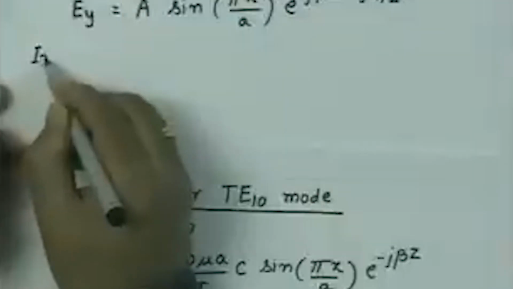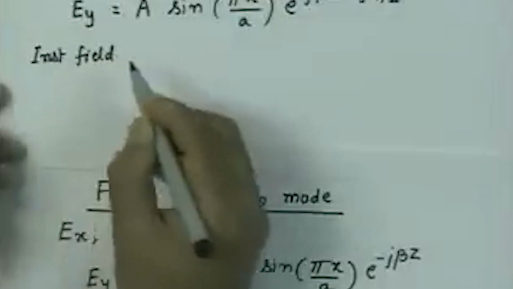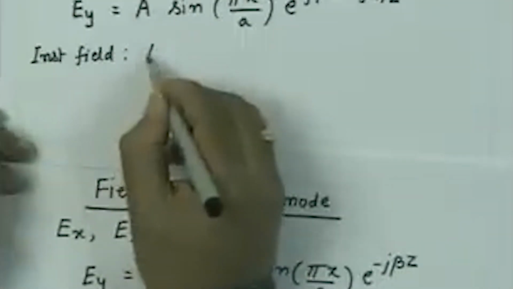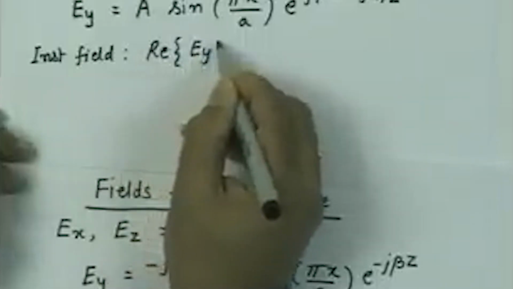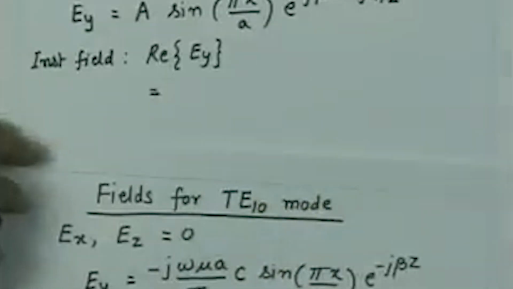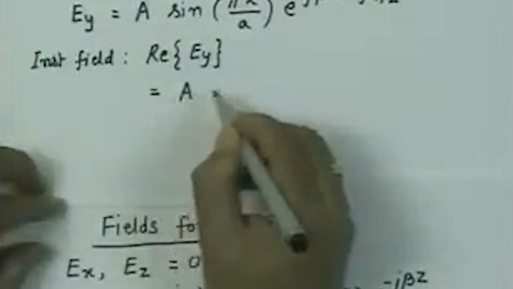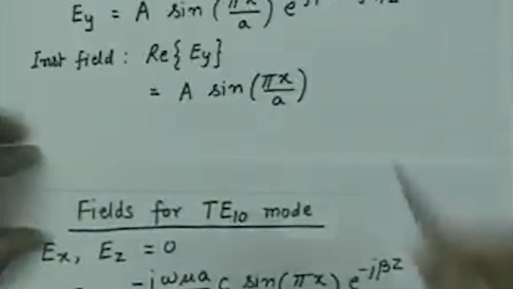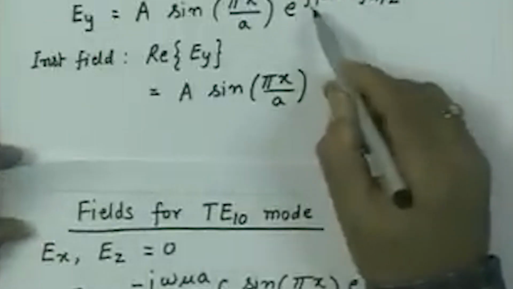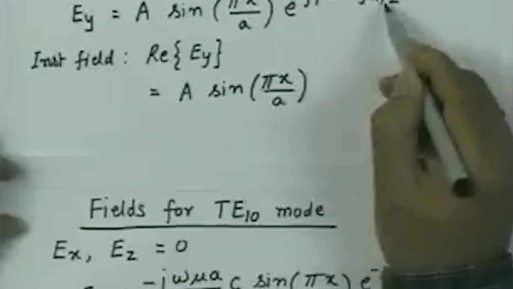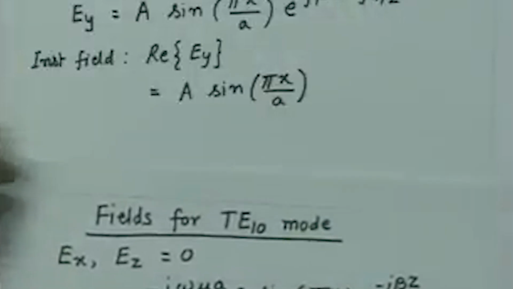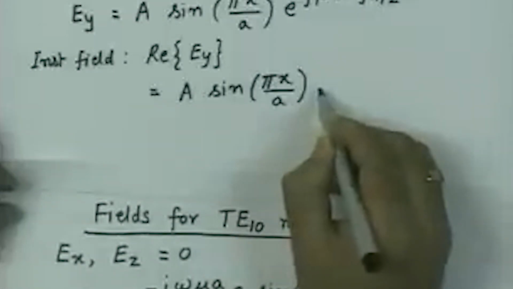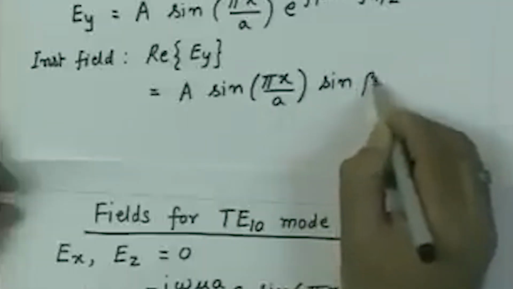So, the instantaneous value of the electric field will be the real part of E y, that will be amplitude A, sine of pi x by a, cosine of this quantity, and that will be equal to the sine of beta times z, because you have a phase difference here of pi by 2. So, you have here sine of beta into z.